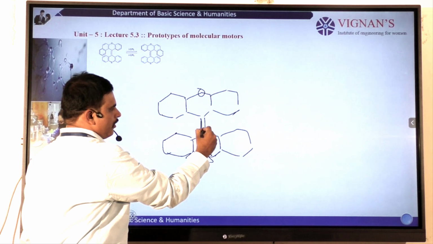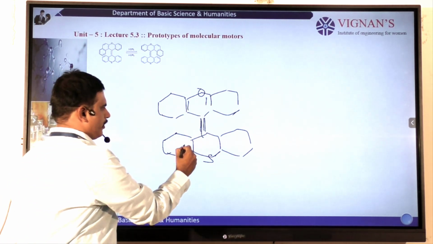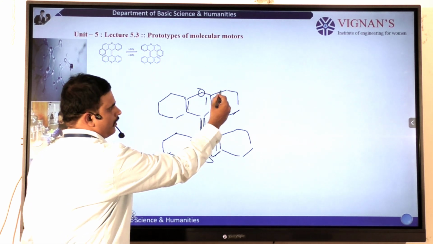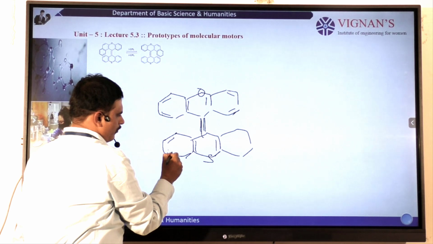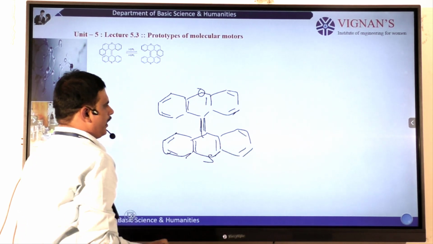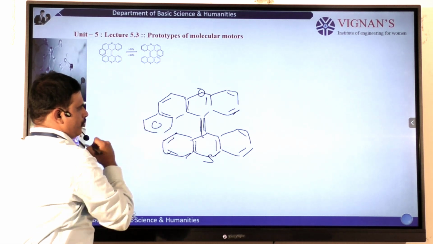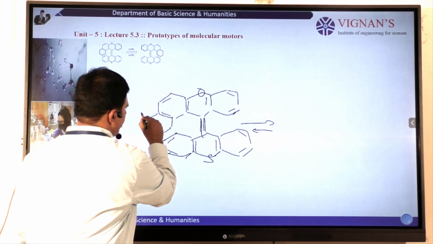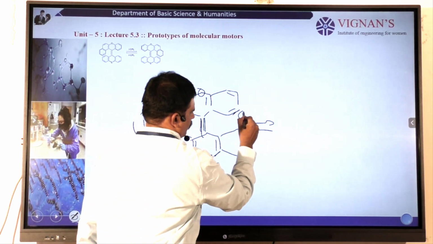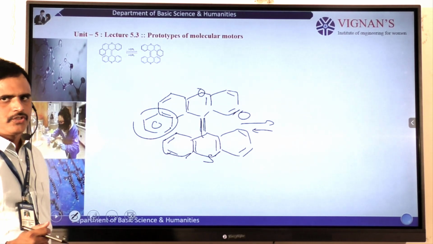One double bond already comes outside, so only 2 double bonds will exist in the center benzene ring like this, and for this ring it will be in opposite directions, and here the thing will come like this. This is the other structure, and when we change the light, this ring will come to this direction. This way we can draw this type of structure.